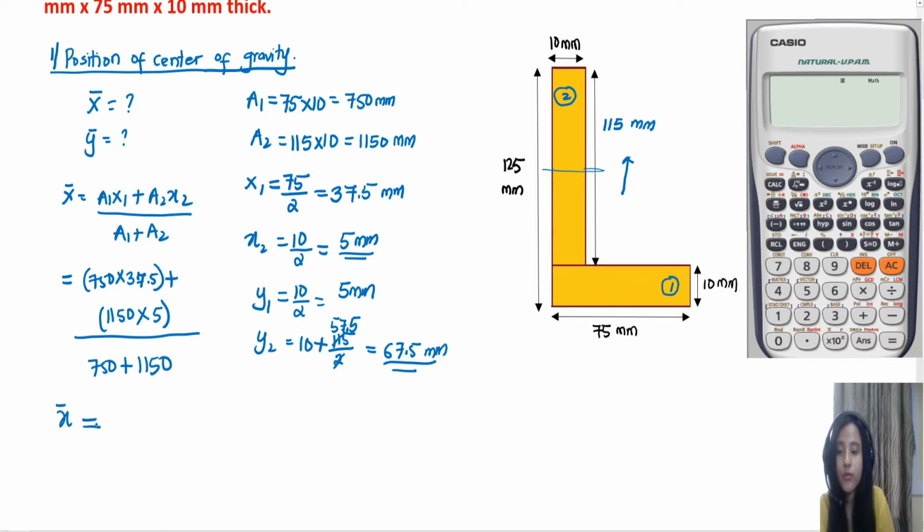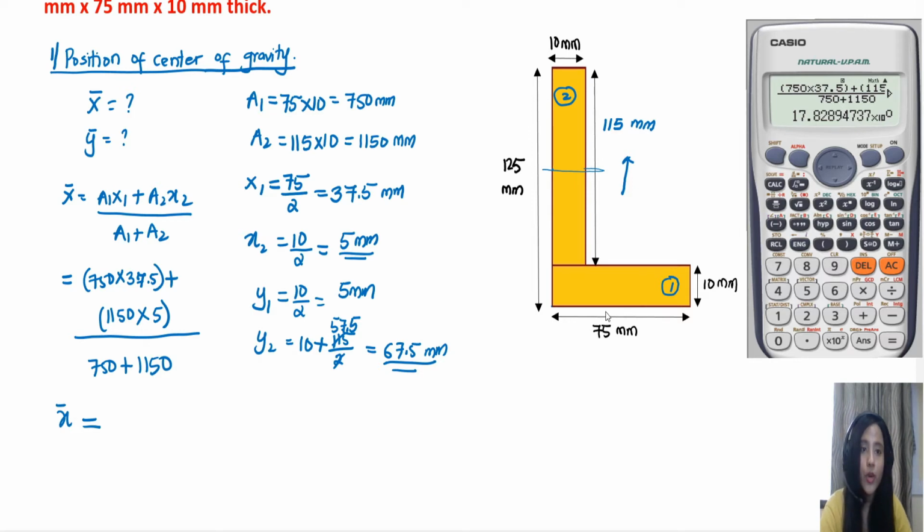Let us solve it in a calculator. 750 into 37.5 plus 1150 into 5, divided by the total area, which is 750 plus 1150. So this is equal to 17.83 mm.